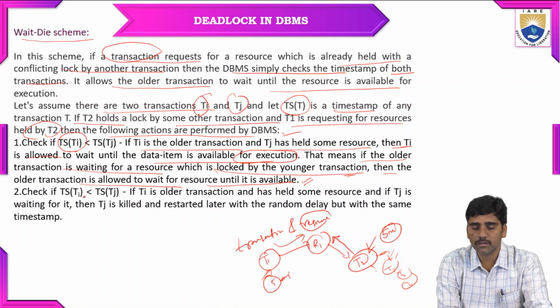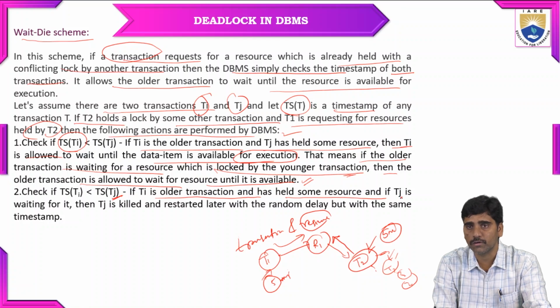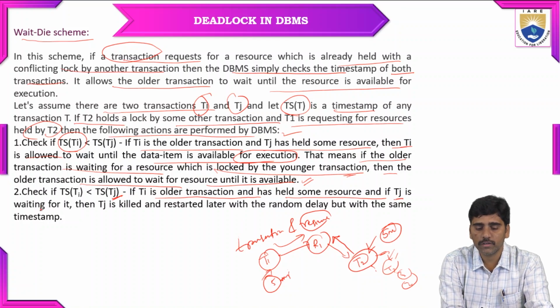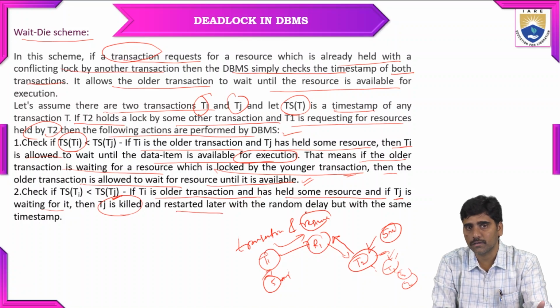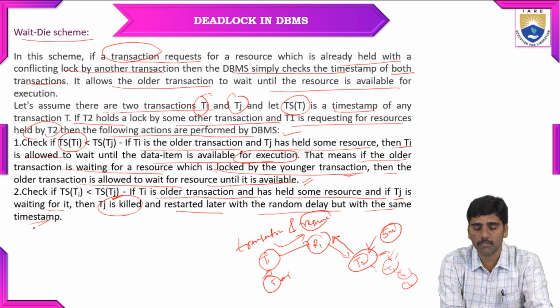And in the second case, if the timestamp of Ti is less than that of Tj, if Ti is the older transaction and has held some resource, and Tj is waiting for it, then Tj is killed and restarted later, with a random delay but with the same timestamp.